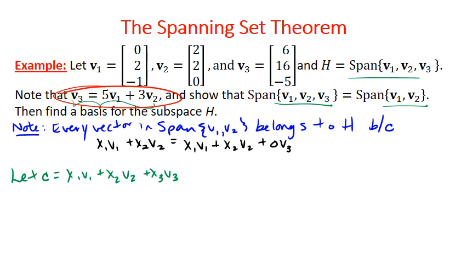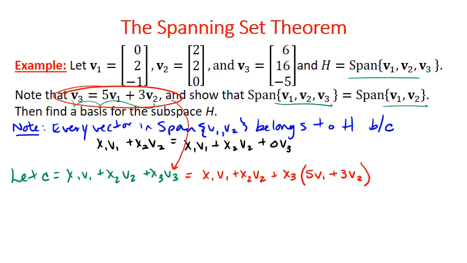So by substitution, if I plug that in for v3, then this becomes x1 v1 plus x2 v2 plus x3 times v3, but that is 5v1 plus 3v2.